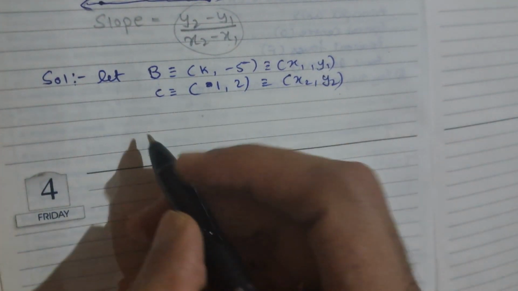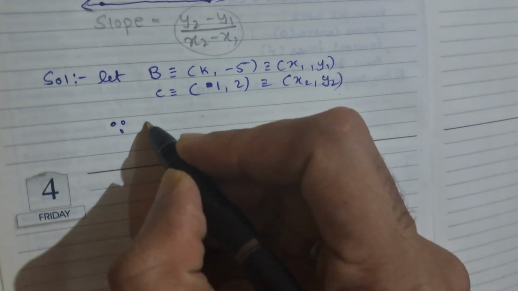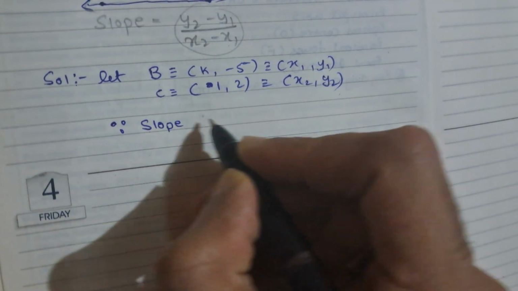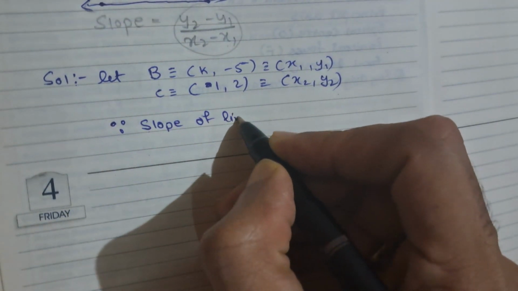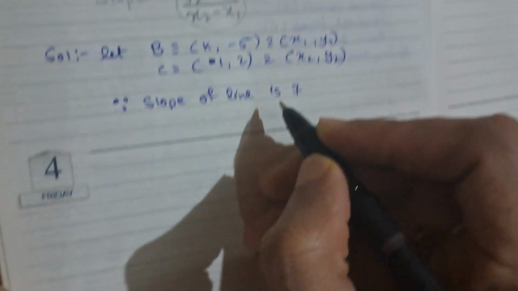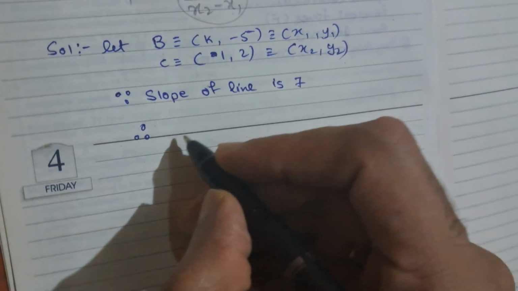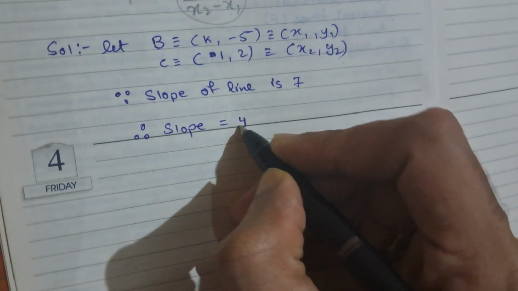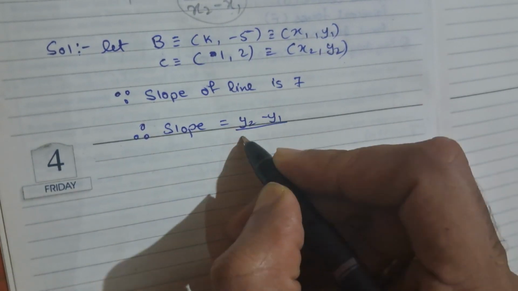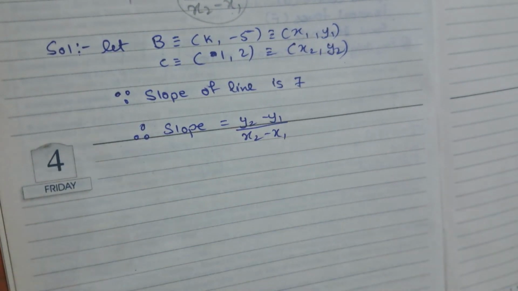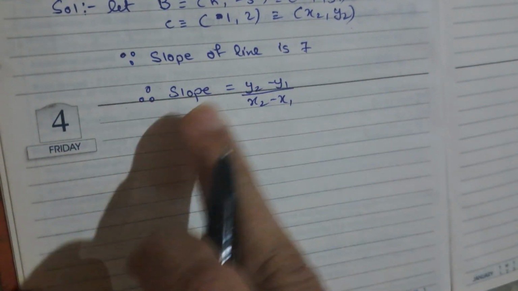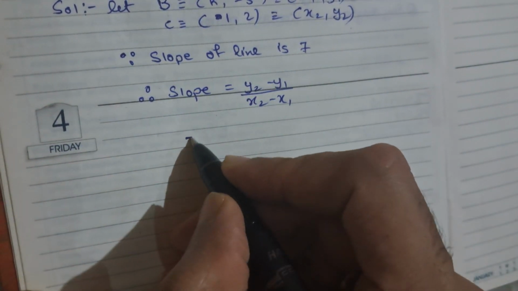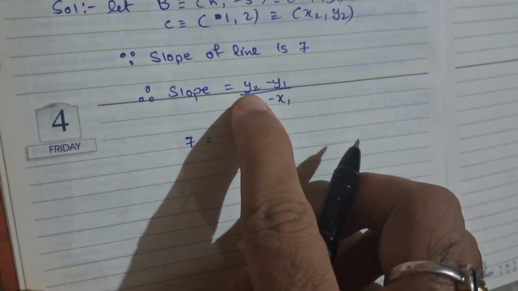Since the slope of the line is 7, therefore what's the formula for slope that I told you right now? The slope's formula is (y2 - y1) upon (x2 - x1), correct? So you just have to put the values over here. The slope is 7. What is y2, y1?